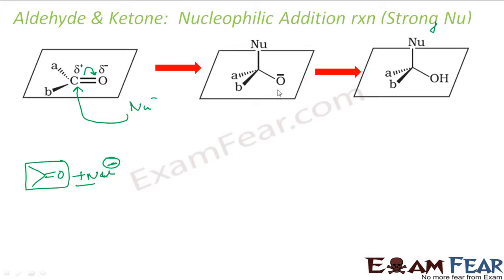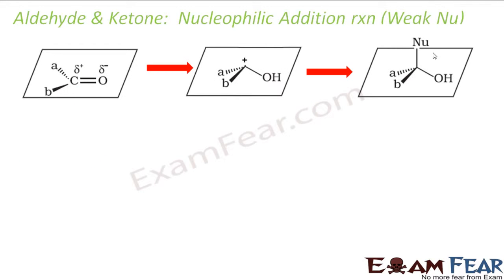Oxygen gets a negative charge and the nucleophile is attached here. Then H plus will come, and this O minus will attack this H plus. This is how it will happen given the nucleophile is strong.